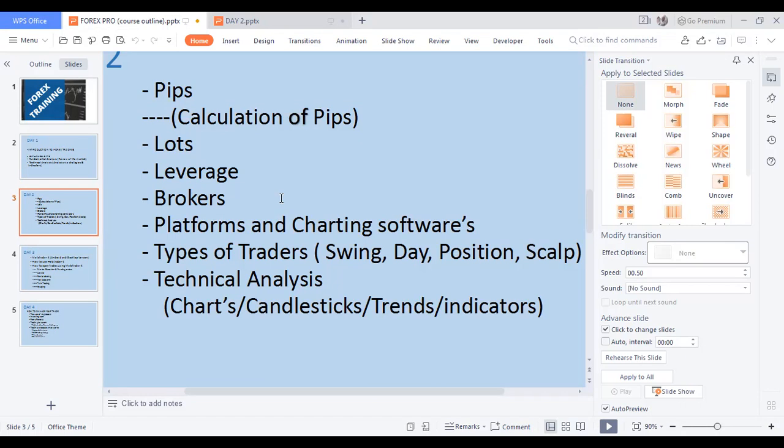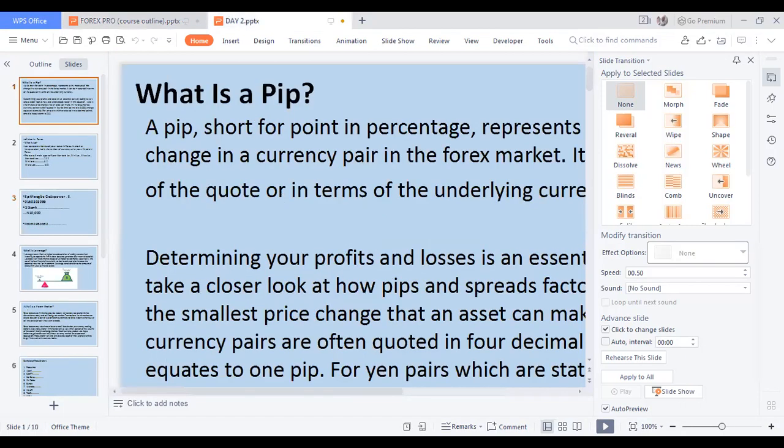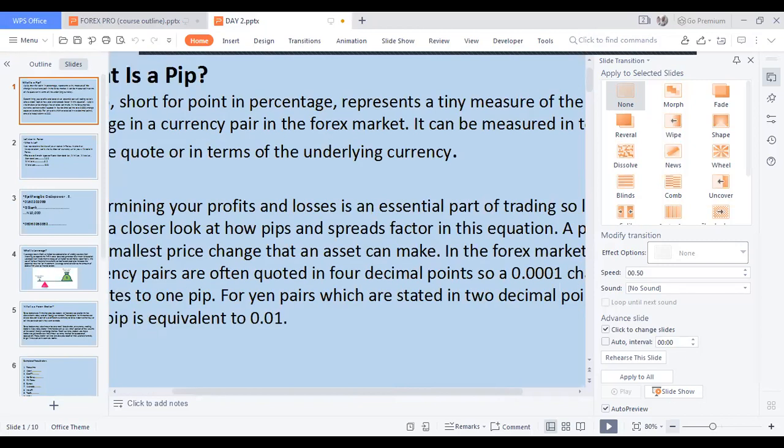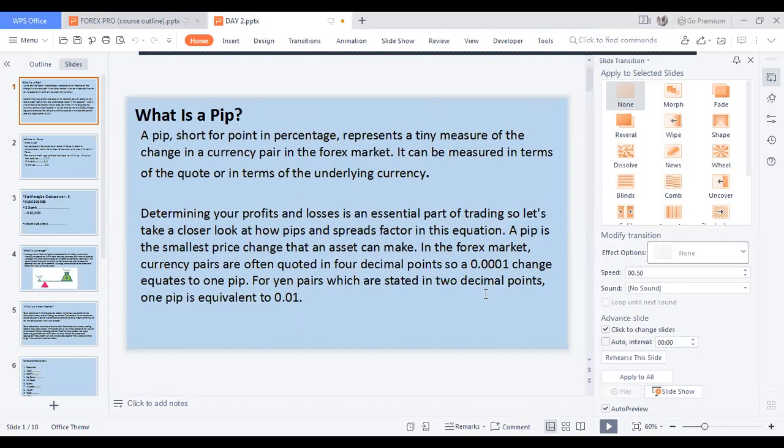What exactly is a pip? A pip is known as percentage in points, and it represents a tiny measure of the change in a currency pair. A pip can be measured in terms of the quotes or in terms of the underlying currency.